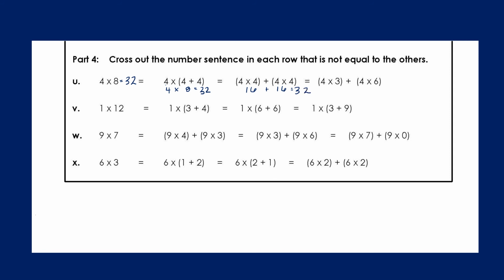So that's good. Now here, 4 times 3 is 12, plus 4 times 6 is 24. Okay, so we're going to add those together, so that gives us 36. So this problem is not correct. V, 1 times 12 equals 12.